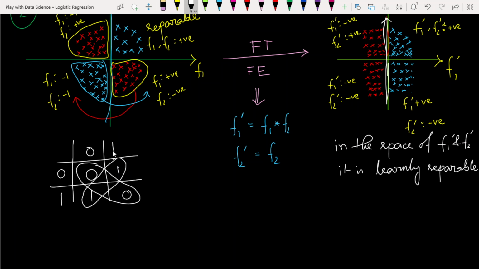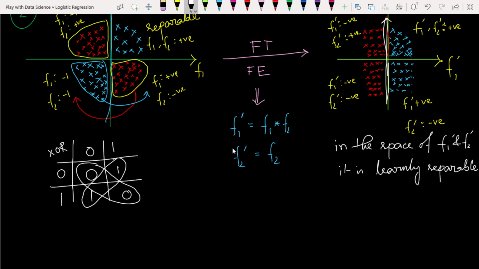Because of this, this kind of data set is called the XOR data set. So using this concept of feature engineering, we can easily separate this data linearly. I think all are clear about this context.